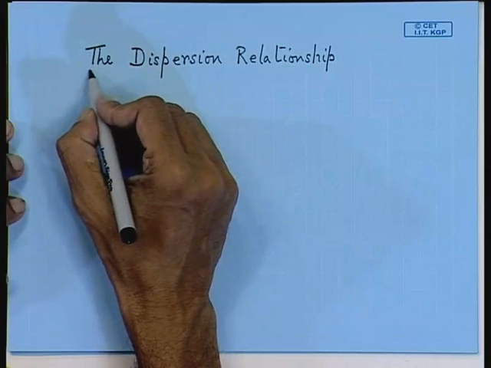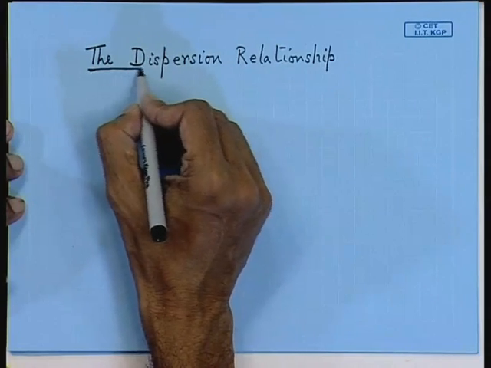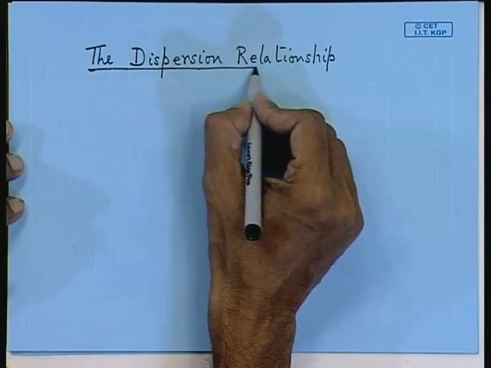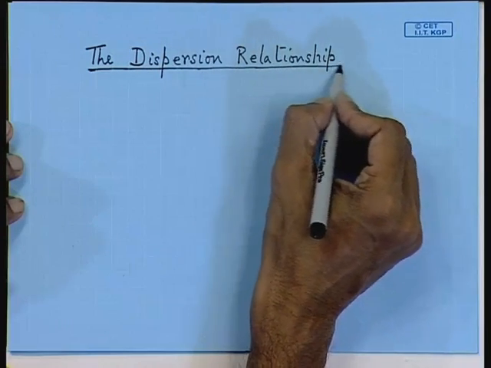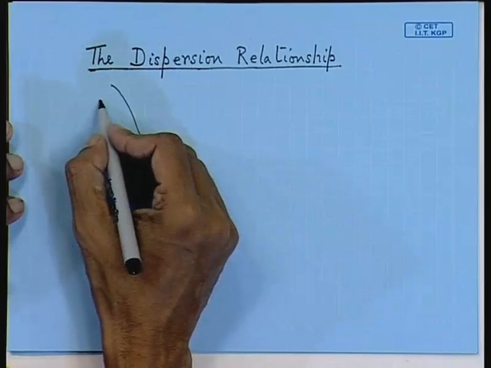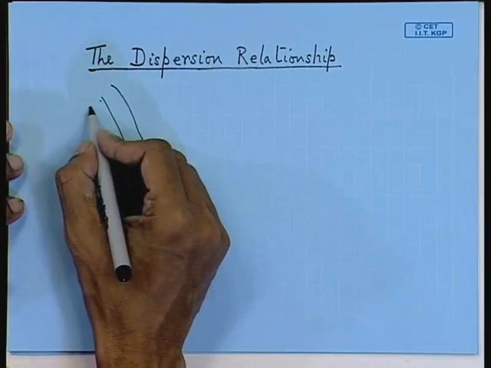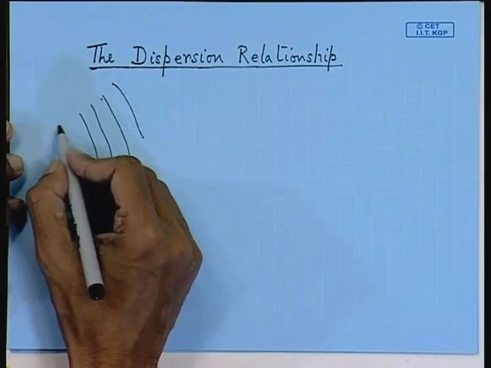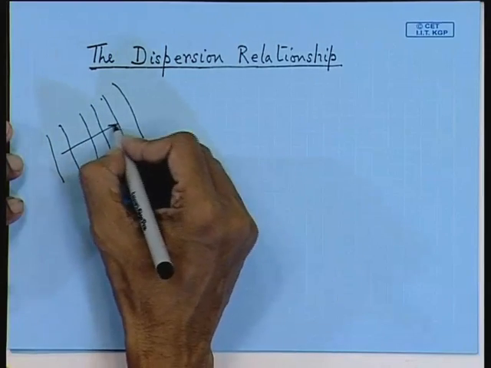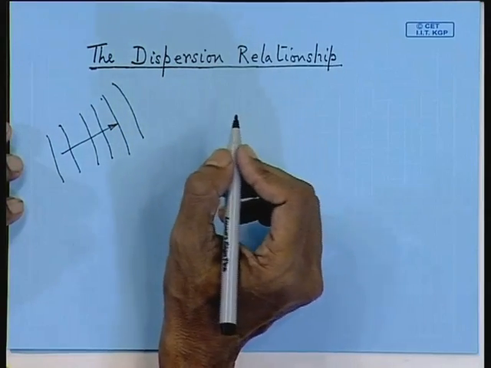See, if I tell you get dispersed, then what do I mean? Now if you look at a wave field, suppose in a sea there are a number of waves that are going in this direction. It is a propagating wave.